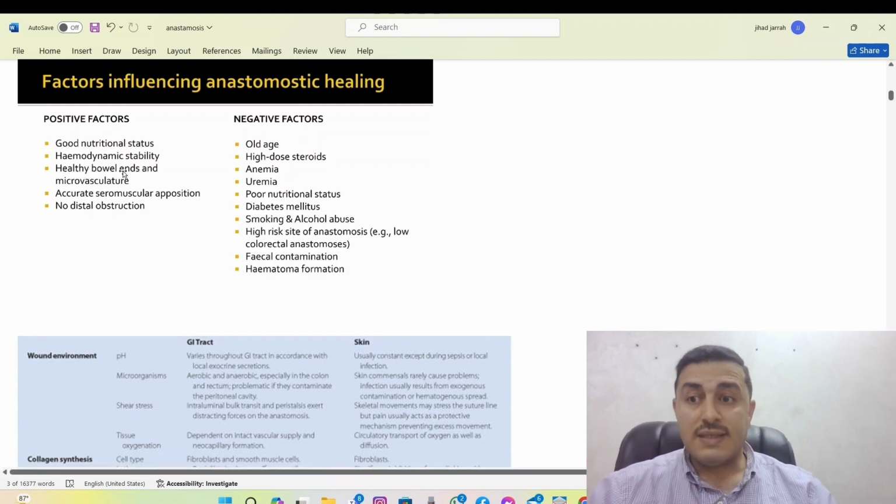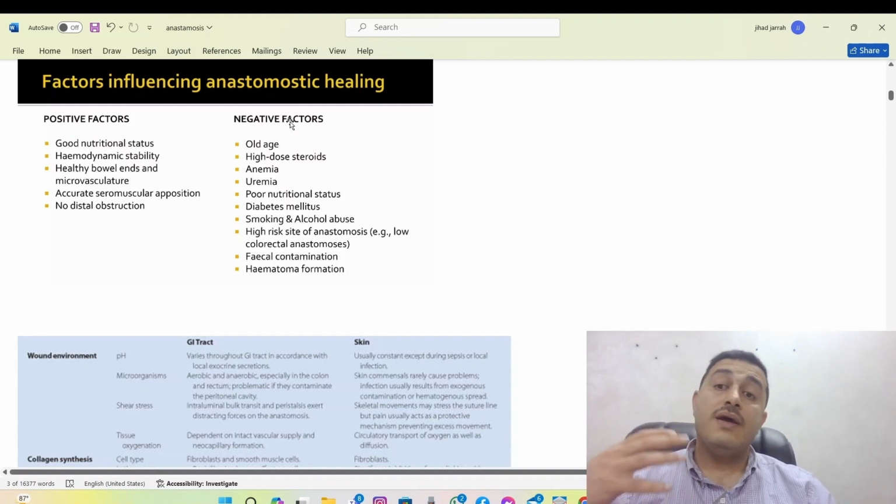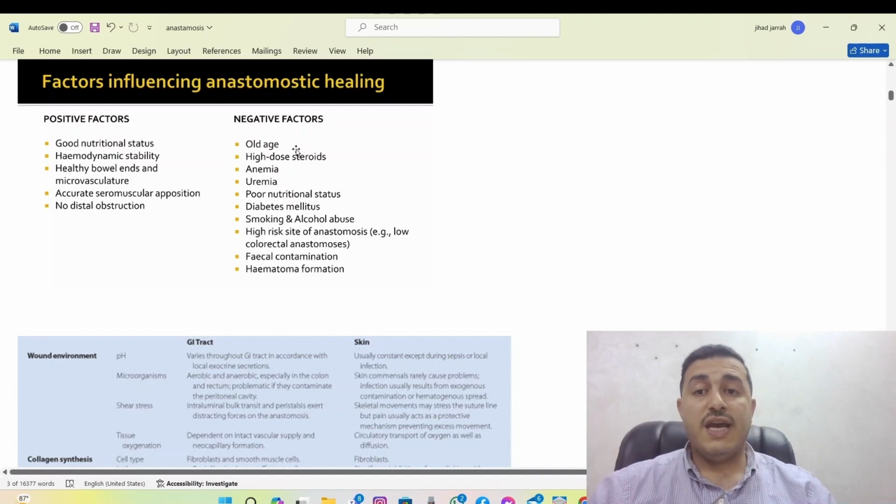Healthy bowel ends, good perfusion, accurate seromuscular positioning, no distal obstruction. This is a risk factor for fistula. Negative factors: old age, high dose steroid, anemia, uremia, poor nutritional status, smoking and alcohol.